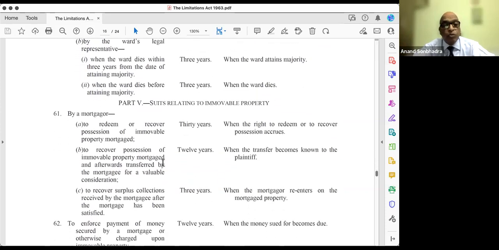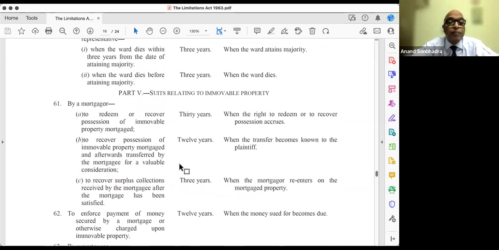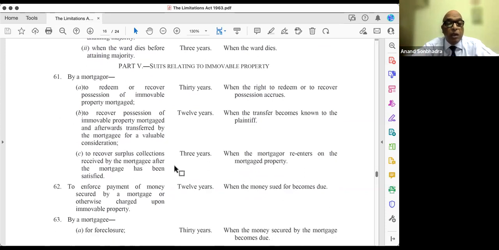Throughout the schedule, just for ease of understanding, and I'm not trying to generalize the applicability of the schedule, whenever a suit, appeal or application is dealing with an immobile property or asset, the timelines differ, except where there is a movable part of the asset which is to be recovered, even while the suit may pertain to an immobile property.